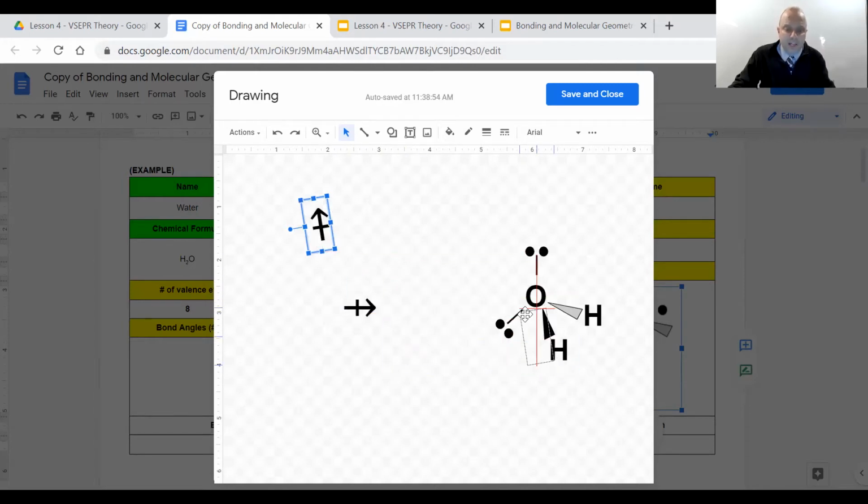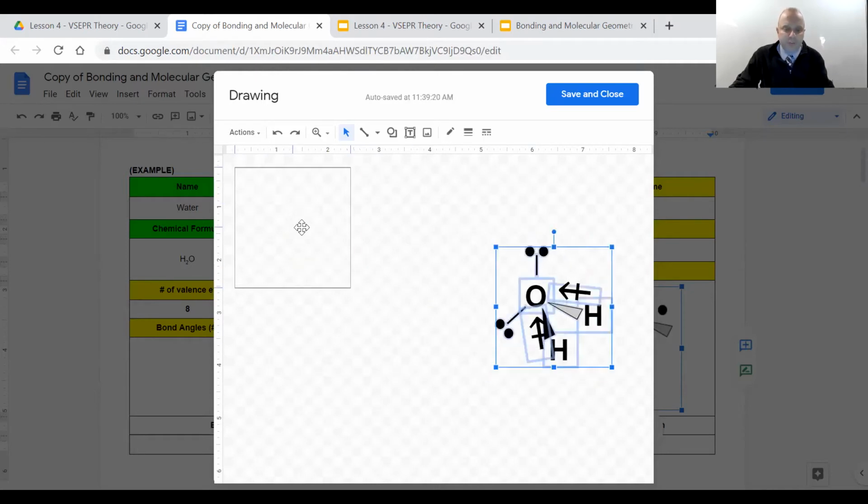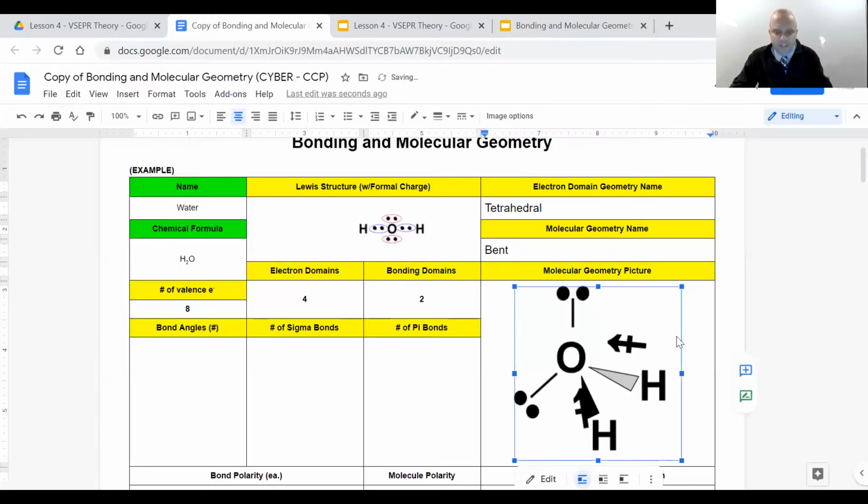In this case, the more electronegative atom is oxygen. So we're going to have that point toward the oxygen. And then this one we are also going to have go along the bond, and again it's going to point in toward the oxygen there, just like that. And once you do that, you're all done with the picture, so we can move that up to the top left there. There's our final picture.